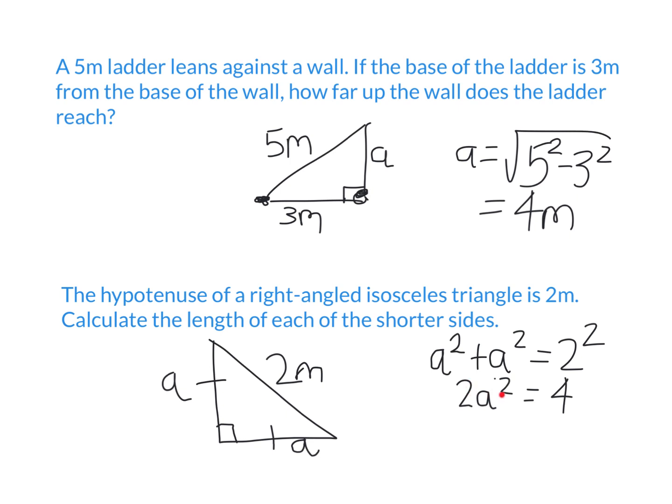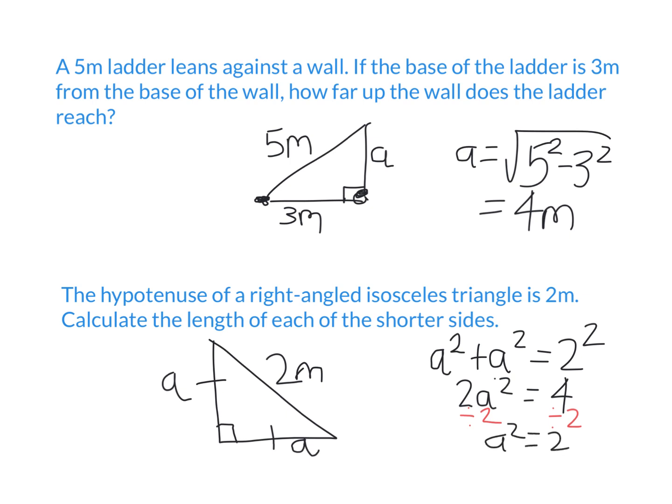So to solve this equation here, we need to undo what's been done to a. So BIDMAS tells us we raise to the power first before multiplying. We do indices or exponents before multiplying. So a has been squared, then we've multiplied by 2. So multiplying by 2 is the first thing we need to undo. So dividing each side by 2 gives us a squared equals 2.